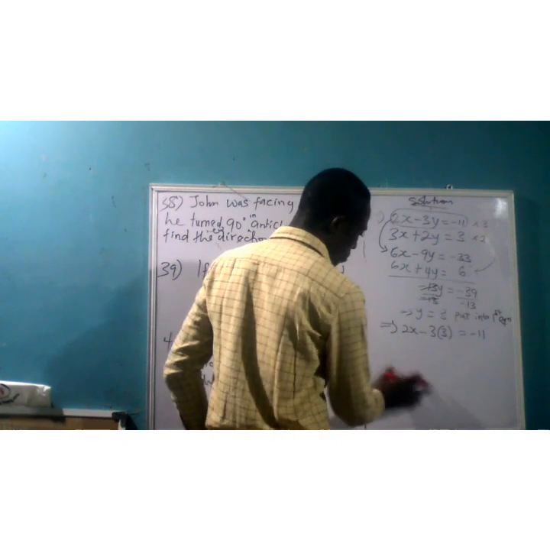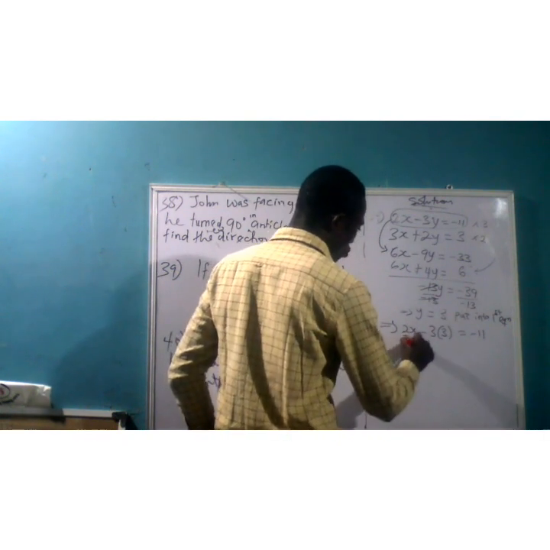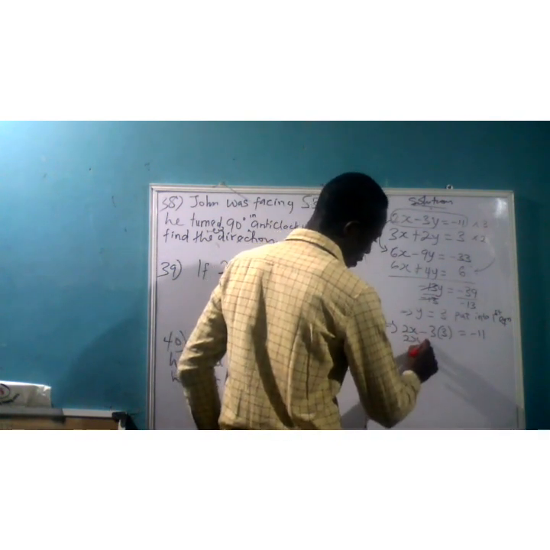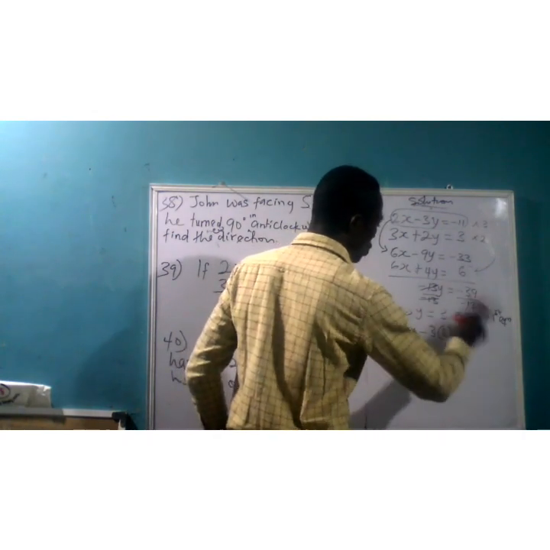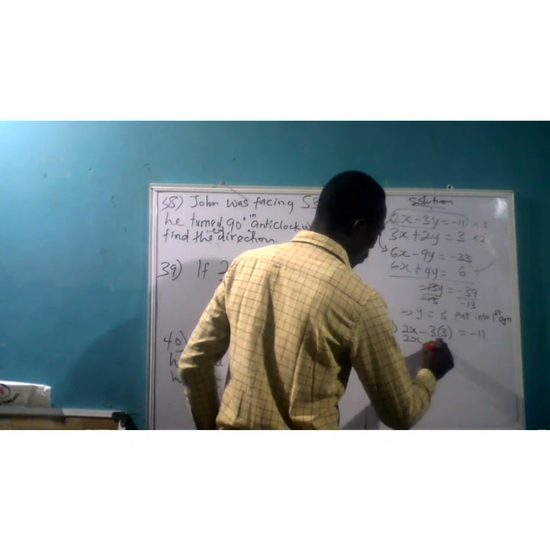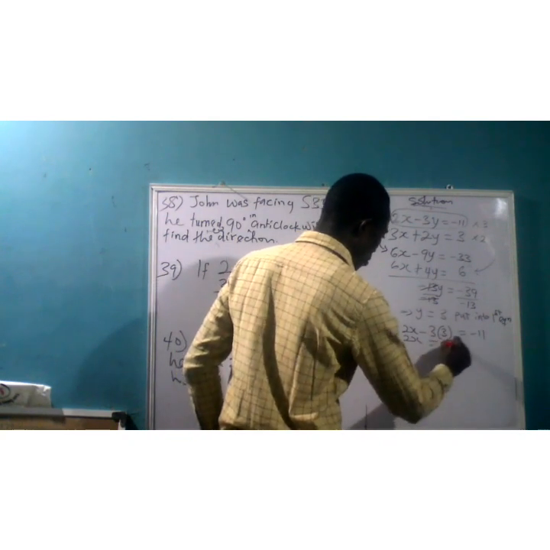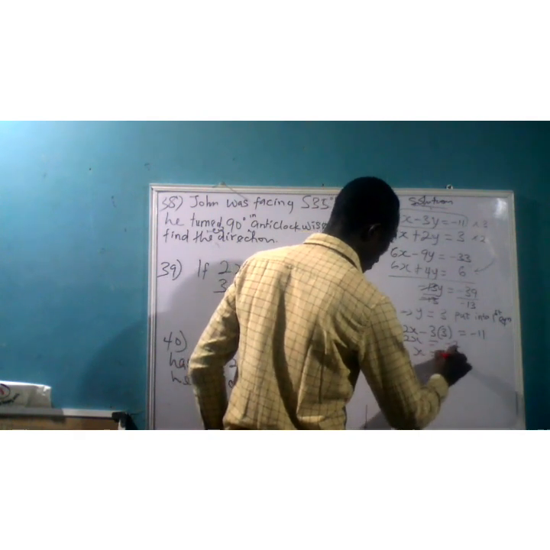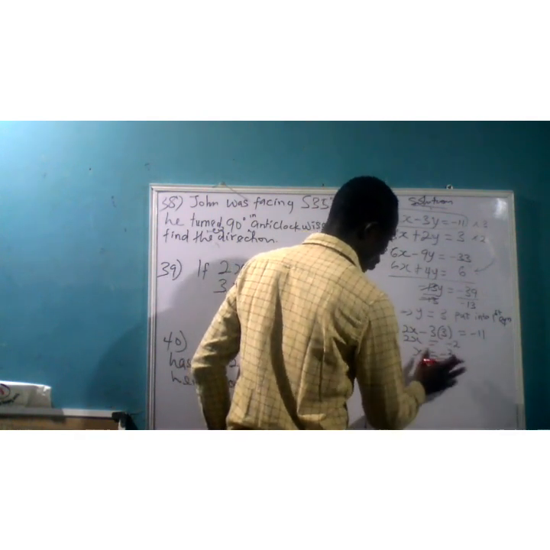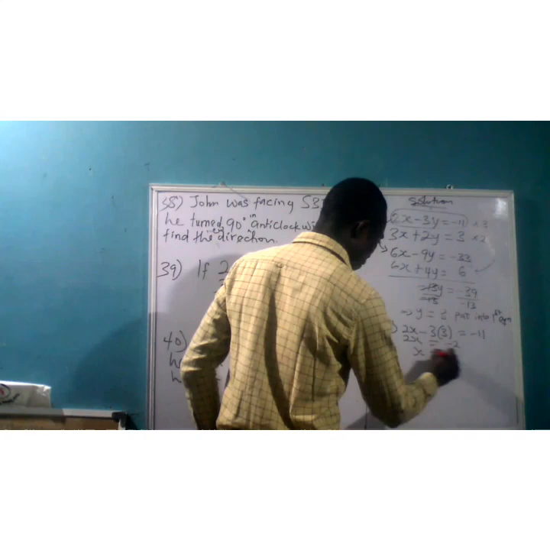And if you simplify this further, you have 2x, because minus 3 times 3 will be minus 9. Minus 9 taken from here to the other side will be plus 9. So plus 9 minus 11, that will be minus 2. So if you divide both sides by 2, you have x equal to minus 2 divided by 2. Of course, that will give you minus 1.